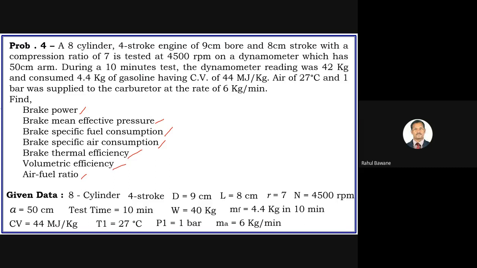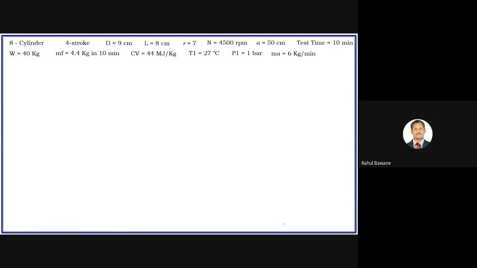So remember, we have to very consciously calculate the values, because mass of fuel is 4.4 kg in 10 minutes, mass of air 6 kg in 1 minute. So if we require, we have to convert per second like that. So let's start how to solve one by one. So this is our given data.